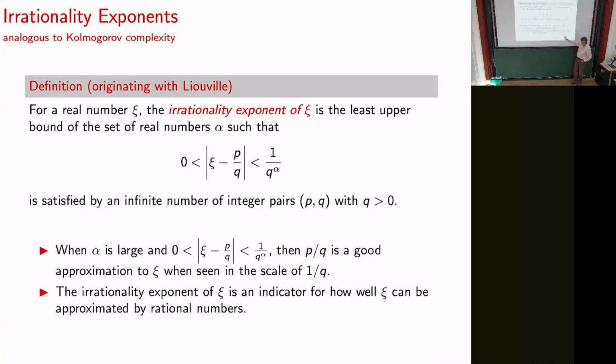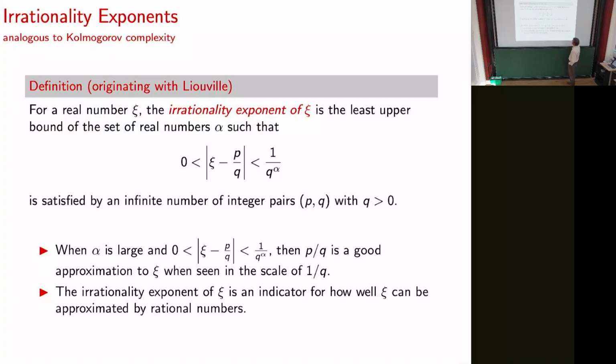This irrationality exponent is what I think of as a metric analog in Diophantine approximation of Kolmogorov complexity. Okay, so this definition originated with Liouville's proof that there are non-algebraic numbers.